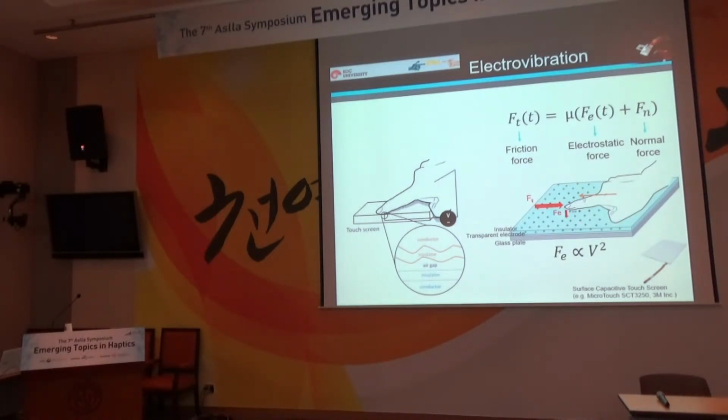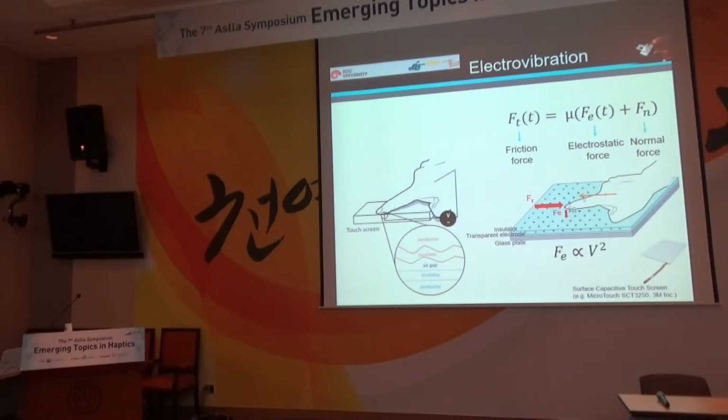Once you have this attractive electrostatic force, which is represented as Fe in this diagram, effectively they increase the force in the normal direction. As a result, the friction increases. These are attractive forces all the time. Why are they attractive all the time?